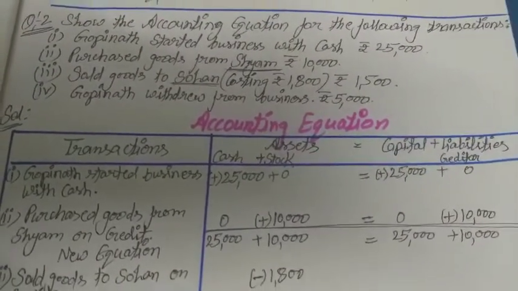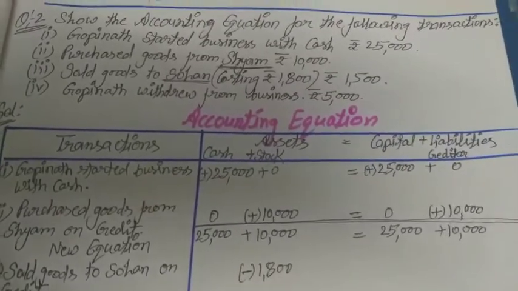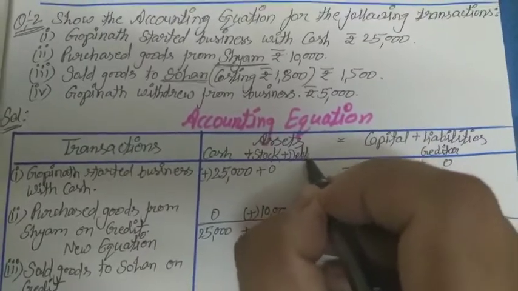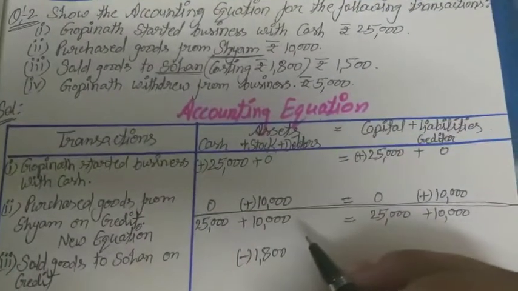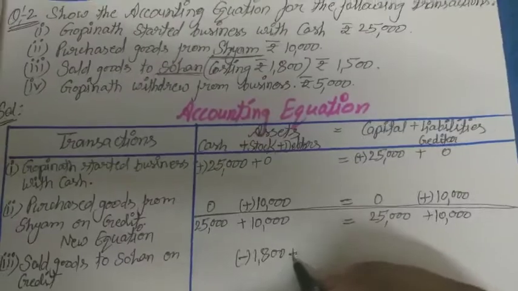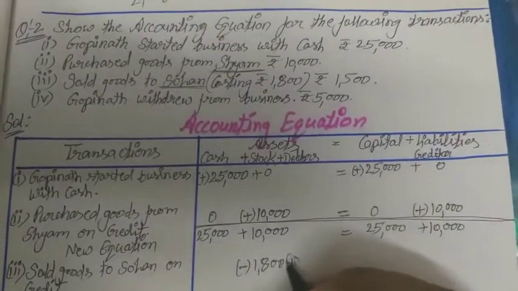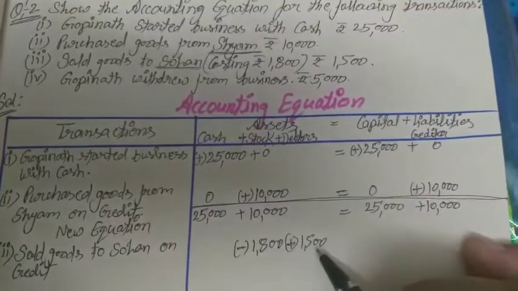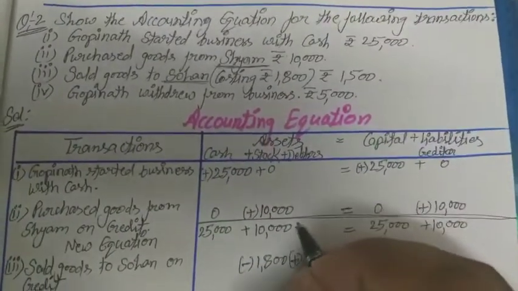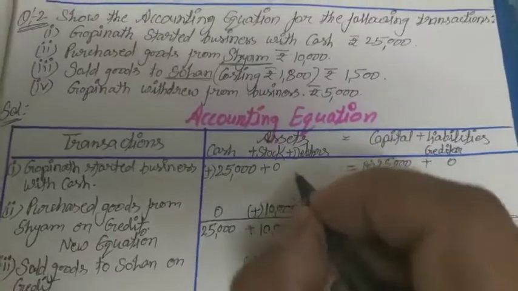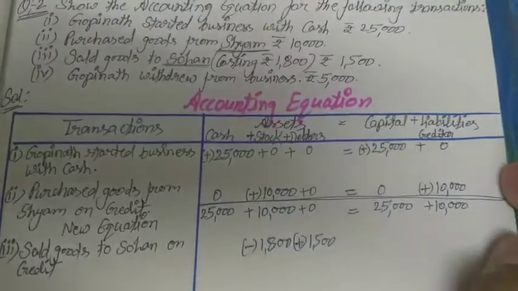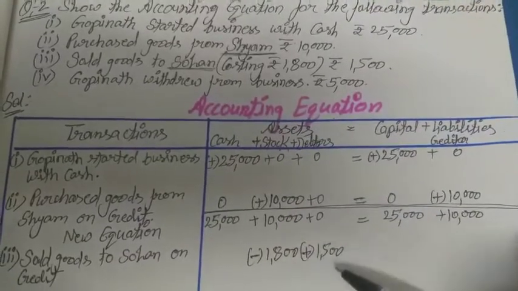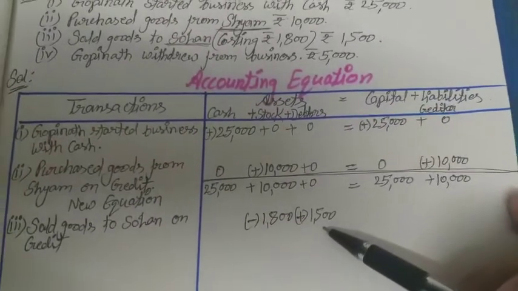So then debtors will generate. Debtors come under the assets, so one more head will generate here: debtors. 1500 rupees of goods will show under the debtors, and above it was equal to 0, but in this transaction 1500 rupees of debtors is generated.